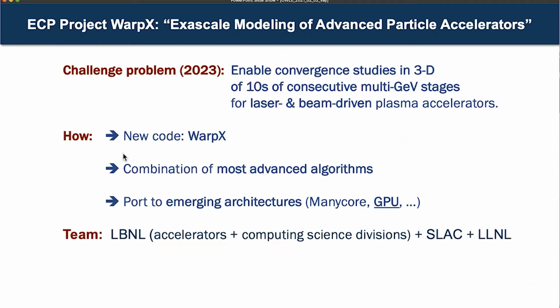How we're doing this is, again, with this new code WarpX, in which we combine the most advanced algorithms and port to emerging architectures. That means many-core, but especially now in the US, that means GPUs. We do this with a team from Berkeley Lab, SLAC, and Livermore, and I will say more about this shortly.